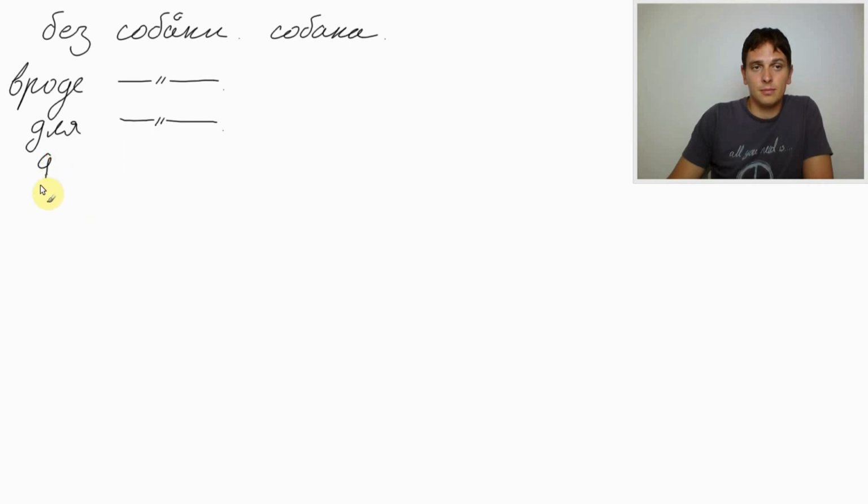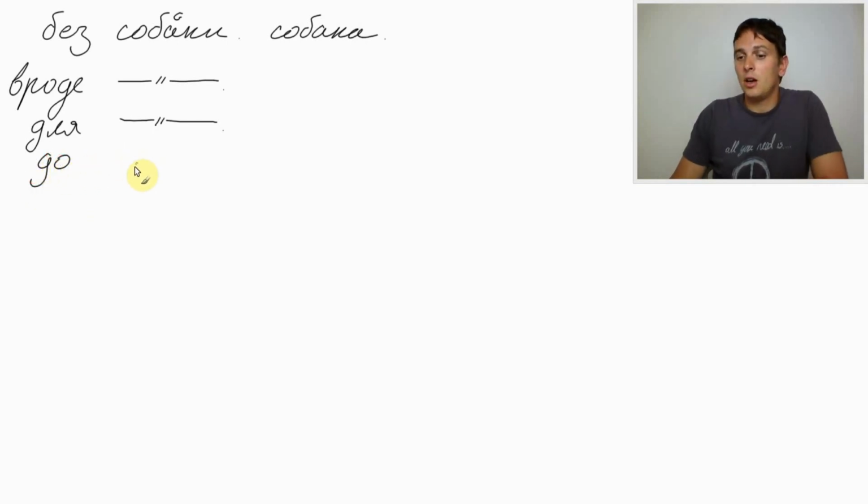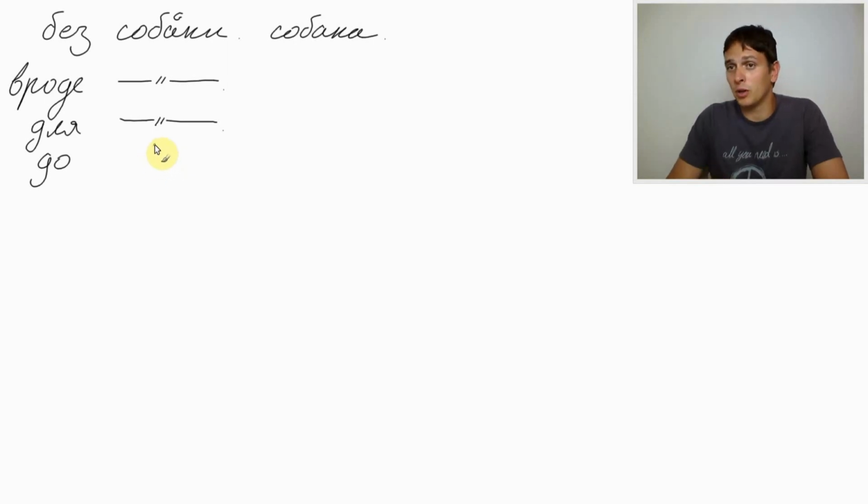До. До means before or till. До завтра would be till tomorrow. It's a greeting for Russian people. So if you see somebody every day, for example, you go to work and you want to say goodbye to somebody, you can say до завтра, till tomorrow, see you tomorrow. But до, in the meaning I want to give you, the most frequent one is before.